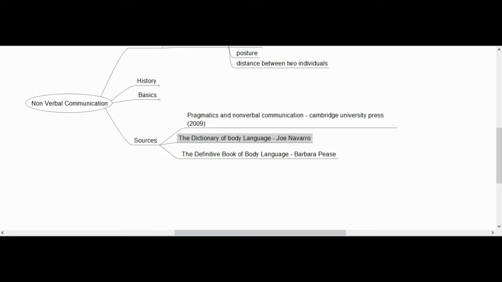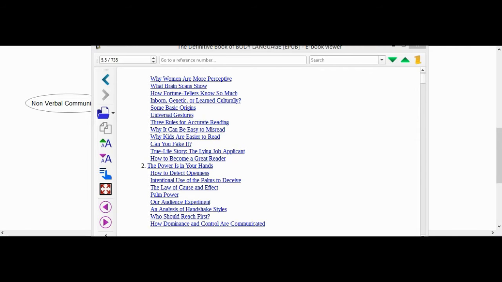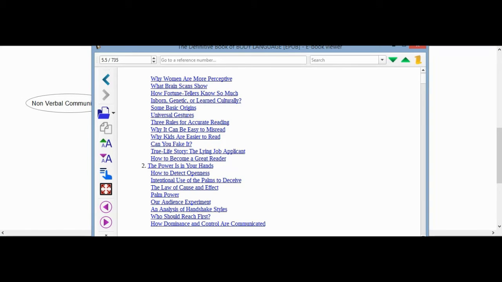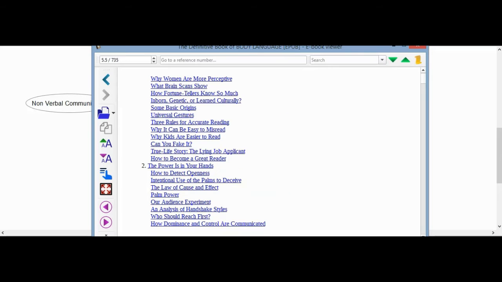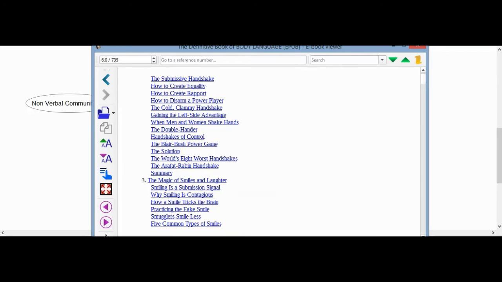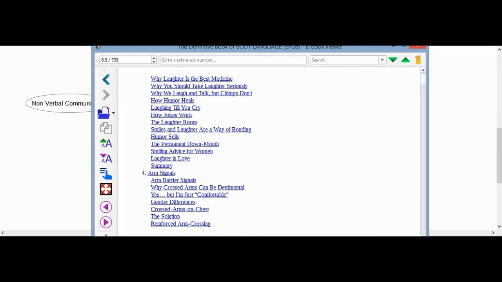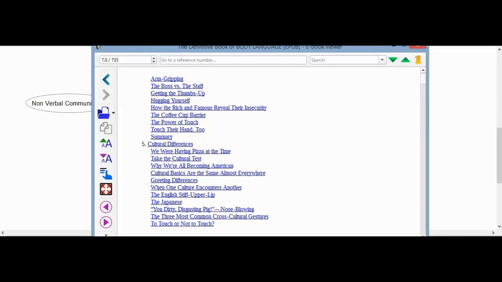And the last one, The Definitive Book of Body Language by Barbara Pease. Now, this book is best for beginners. This book has what the Joe Navarro book doesn't. It gives you both the rules, how to connect different nonverbal signals, and how to make sense of them. It's also fun to read, and it's very simple.